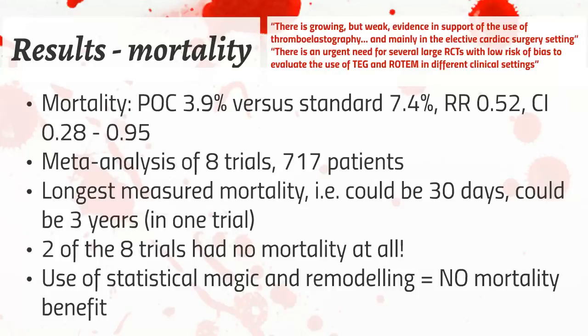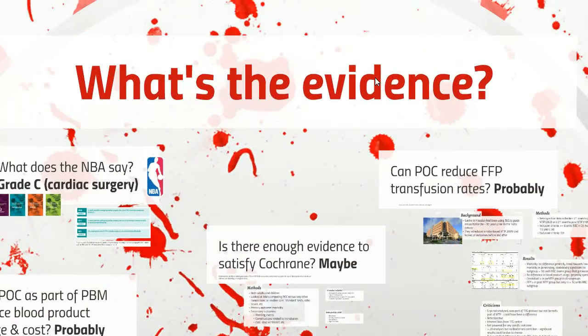You could still be using standard coagulation tests and ignoring the TEG in some of these studies. So they wrote here, this is a direct quote, that we urgently need some more RCTs in this area to give us some more guidance. And that came out this year, so that's pretty topical.